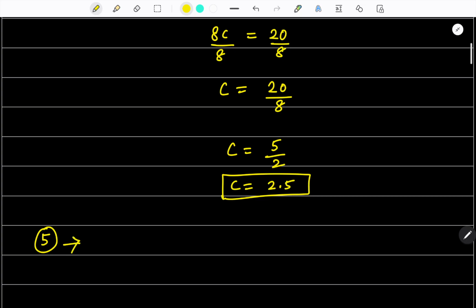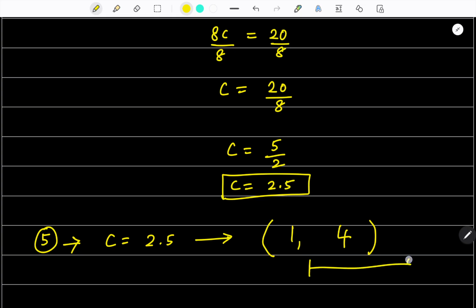What is the last step? Step number 5. Step number 5 is you need to check. What you need to check? The point C, which is 2.5, is in between the open interval which is given in the question. What is the open interval? 1 comma 4. So you need to check 2.5 is inside the open interval or not.